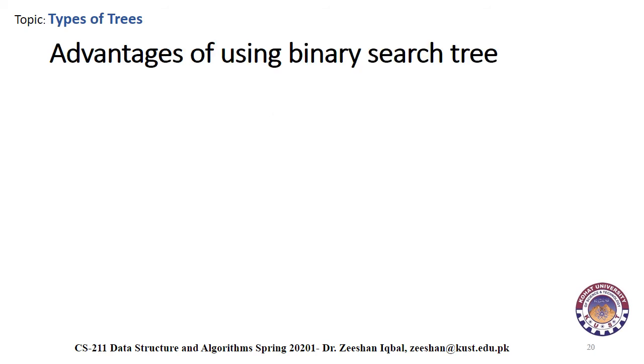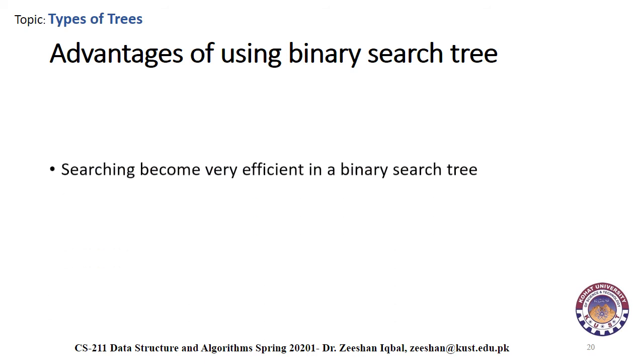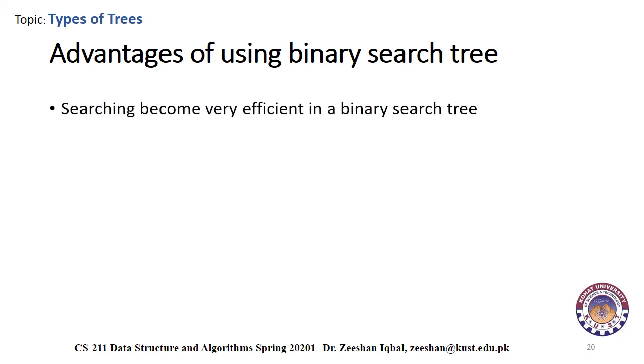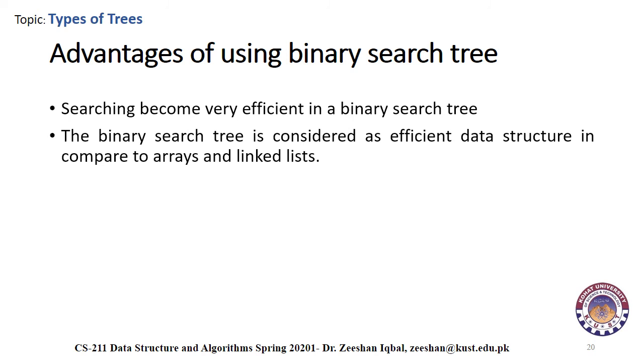Advantages of using binary search tree. Searching becomes very efficient in a binary search tree since we get a hint at each step about which subtree contains the desired element. The binary search tree is considered an efficient data structure compared to arrays and linked lists because it eases the searching process and removes half of the subtree at every step.